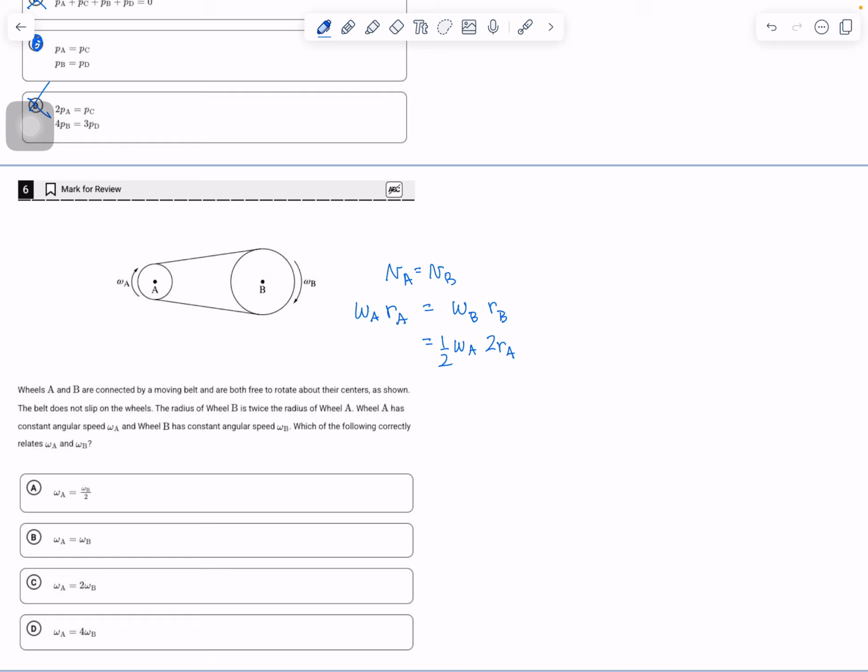And so that means omega B is 1/2 omega A. And so omega A is equal to 2 times omega B, and so that would be C.